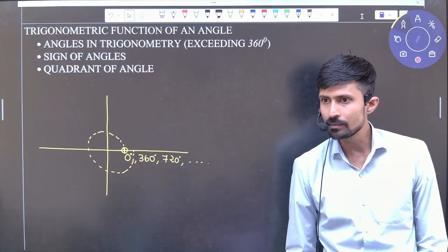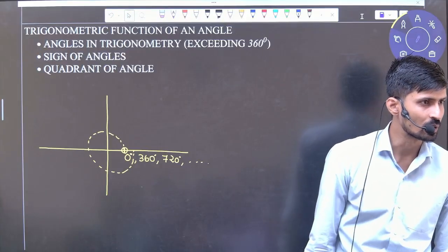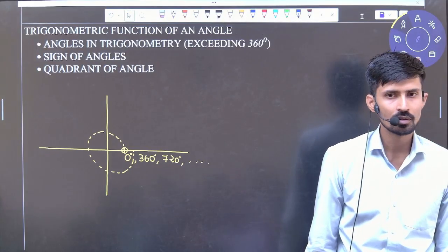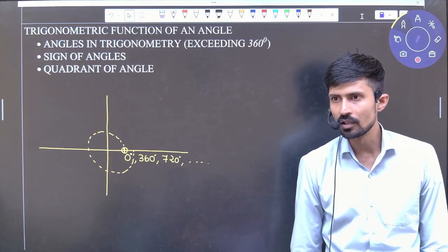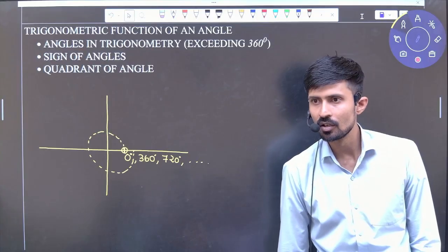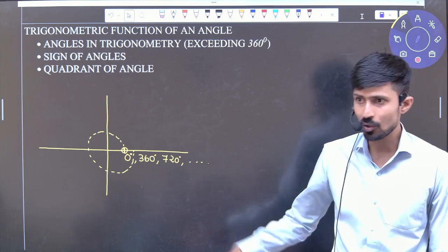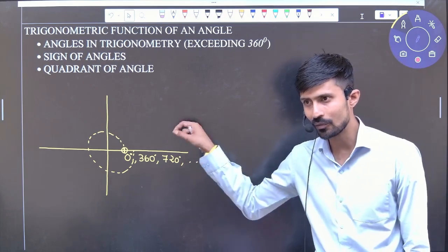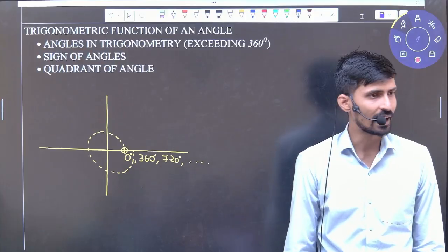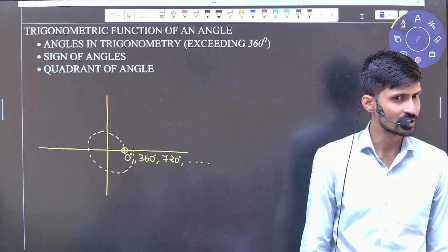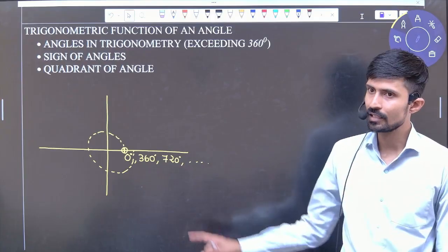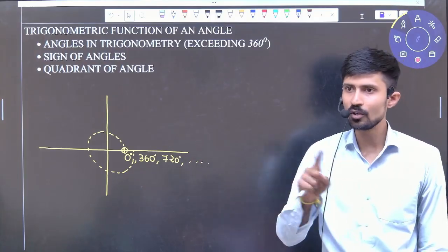What is the meaning of same? Suppose I am asking what is cos 0? Cos 0 is 1. What is cos 360? 1. What is cos 720? 1. Why? Because all are angles of the same position. That's why for all these angles the value will be the same.